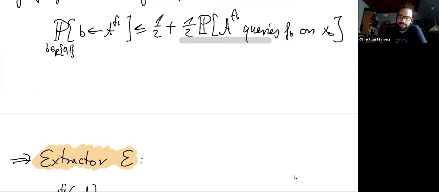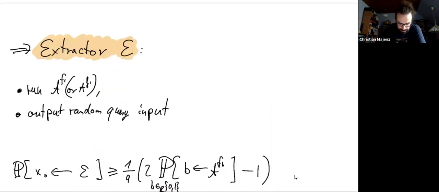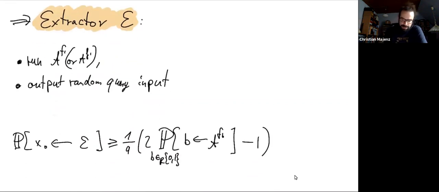So it's directly functionally related to the success probability of this distinguishing adversary. In some sense, this is a search-to-decision reduction. So here's the formula: the success probability of the extractor is larger or equal than 1 over the number of queries that A makes, times a function of the success probability of the distinguisher.